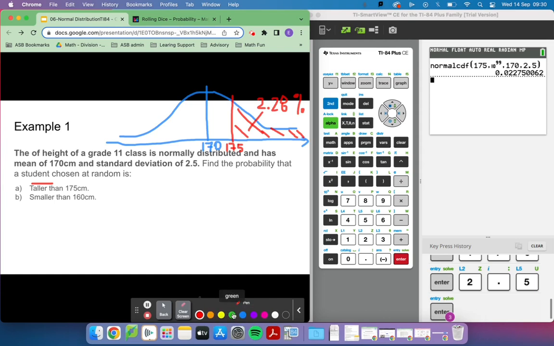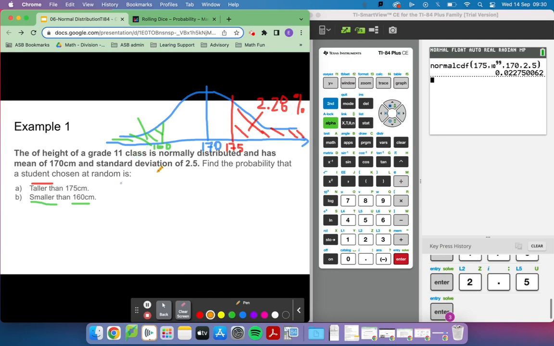Now for B, what is the probability that we're smaller than 160? Okay, so 160, we're even further away from the mean, 160, and smaller than. So I'm looking for this probability here. Already I'm thinking, okay, I'm expecting this number to be super small.